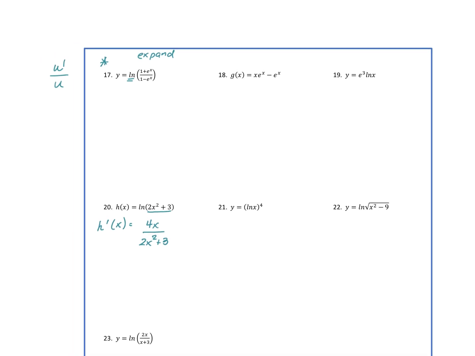But if you expand this, we can write y equals, remember for logs, when it's division, it's subtraction. When it's multiplication, it's addition. So we can expand it to ln of 1 plus e to the x minus ln of 1 minus e to the x. Now just treat them as two separate questions. Y prime is u prime over u, u prime over u.